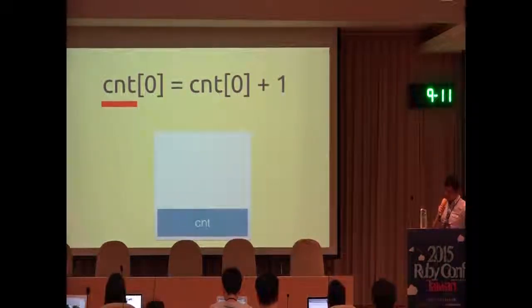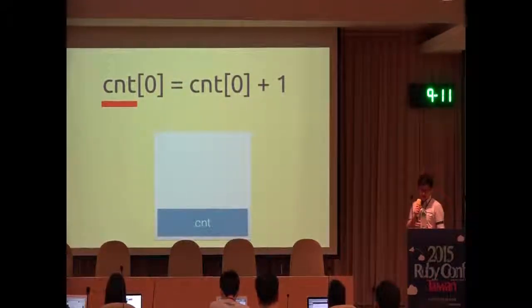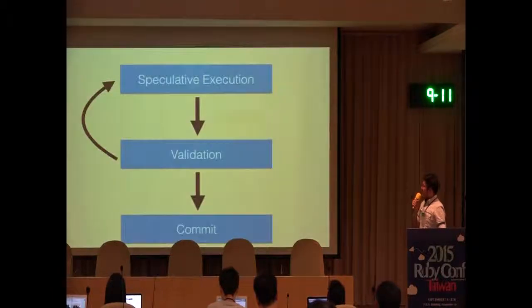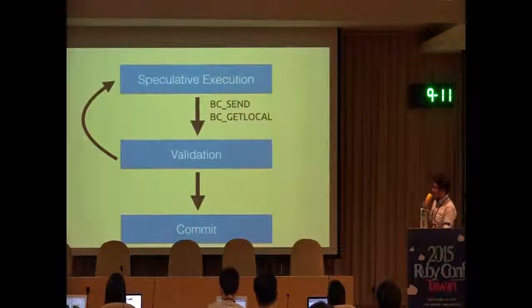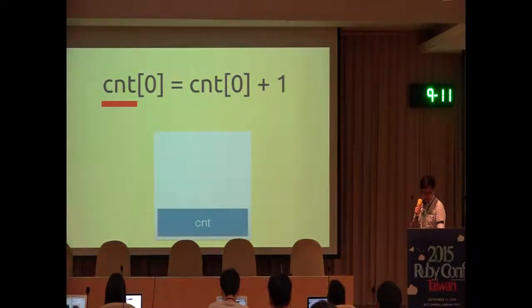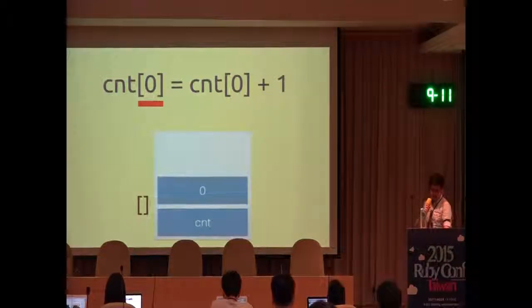For the virtual machine, count is a variable name. Therefore, it is considered as getting a local variable. So, like I previously said, we will commit the transaction on get local. Now, it's committed to a stack.